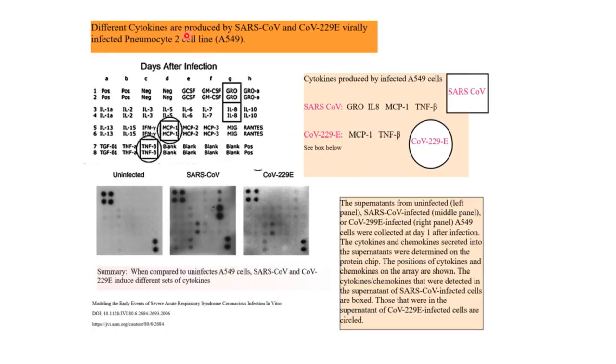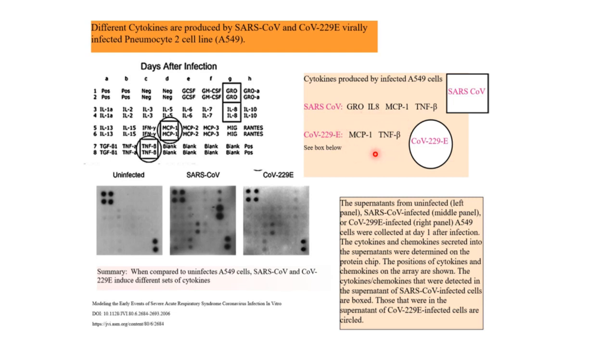Different cytokines are produced by SARS-CoV and CoV-2 virally infected Pneumocyte2 cell line A549. So if you take cell line A549 infected by SARS-CoV, the cells will now produce this set of cytokines. If you take the same cell line A549 infected with CoV-2, the cells will now produce this set of cytokines.